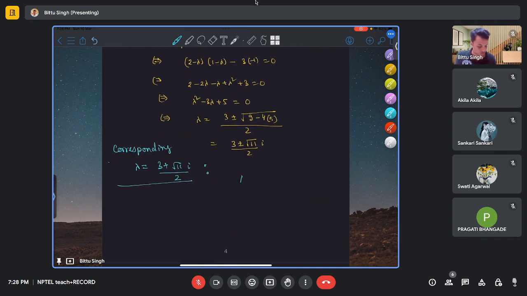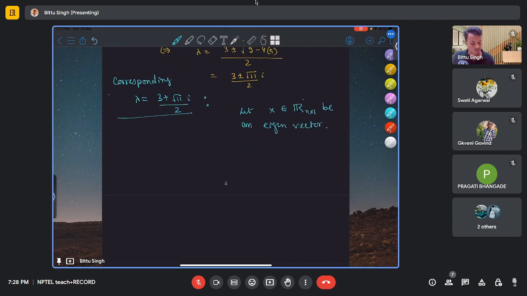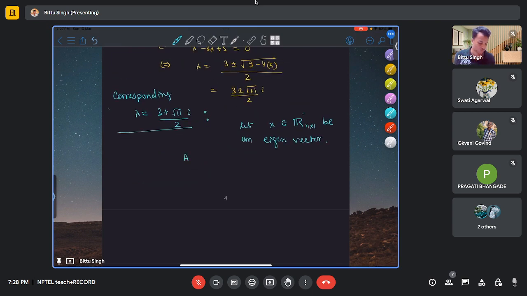So let x belong to R n cross 1 be an eigenvector. Then this will give A minus lambda I times x equal to 0.